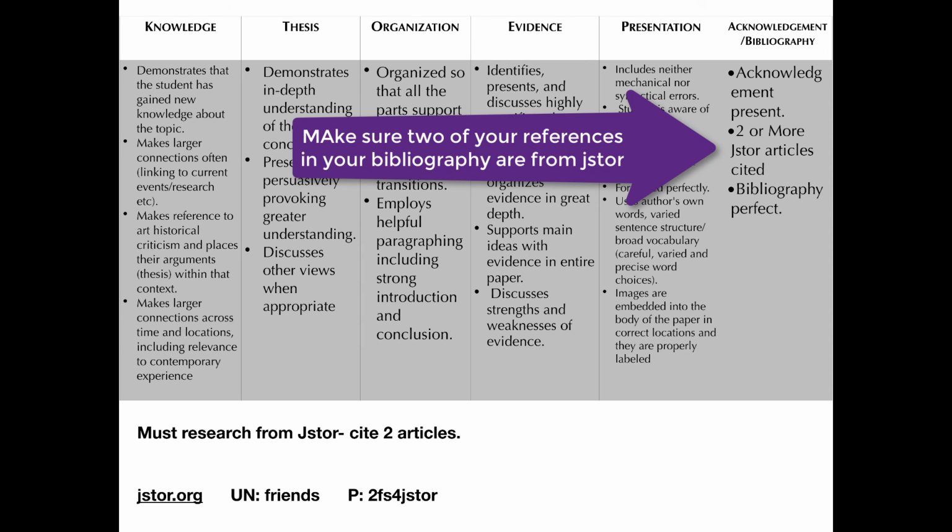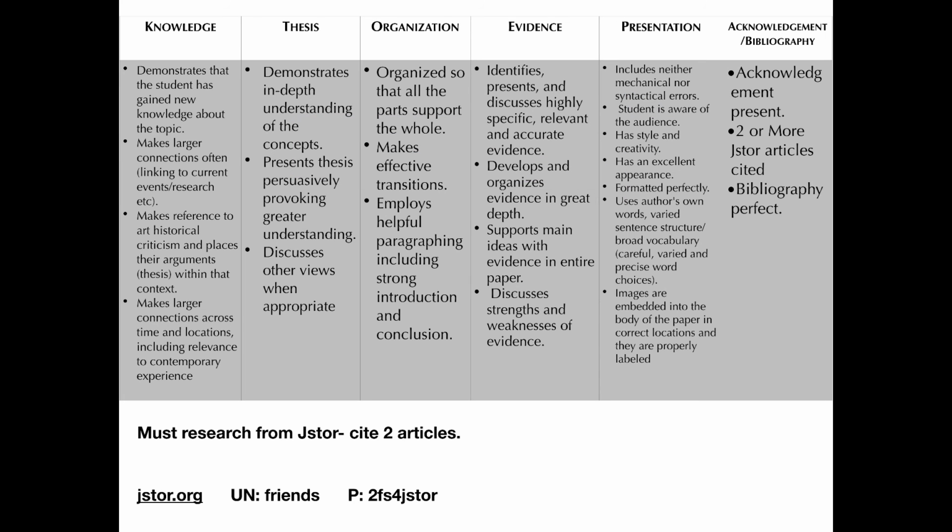You certainly can do more than 2 JSTOR articles, but I want you to find at least 2 good scholarly articles that can serve your thesis in one form or another. It doesn't have to be a massive input, but it should support your thesis and your argument. And whatever you used, you include your bibliography at the end.